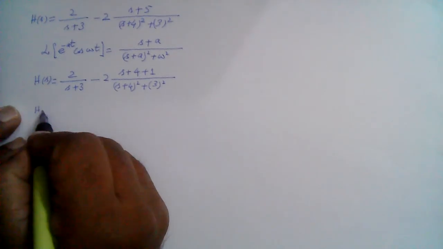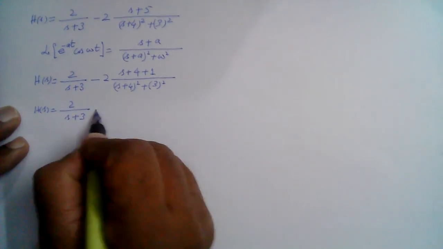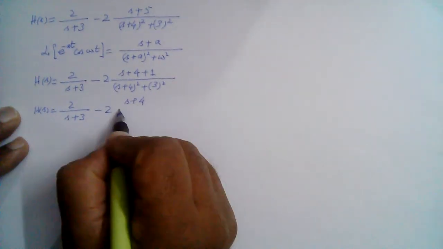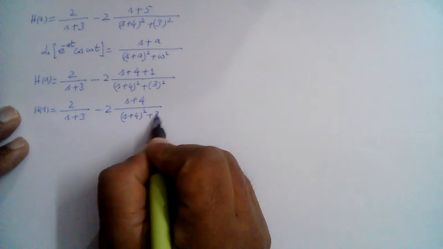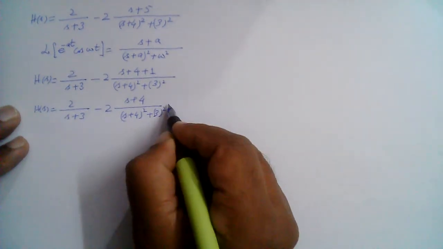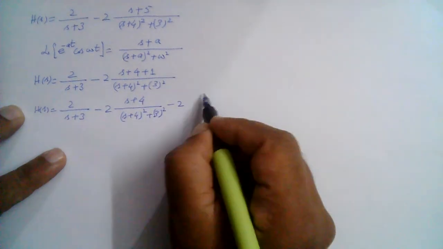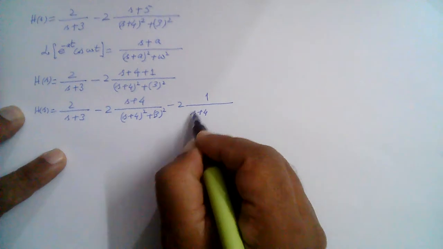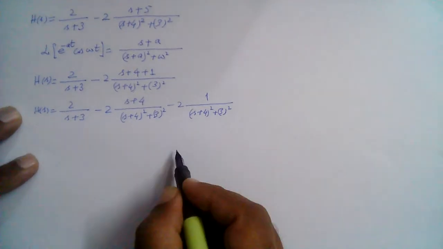So h of s is equal to 2 over s plus 3 minus 2 s plus 4 over s plus 4 squared plus 3 squared, and this minus 2 here with 1 over s plus 4 squared plus 3 squared, right?